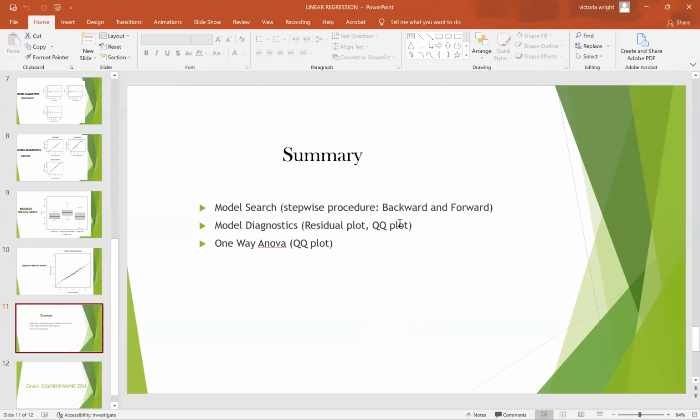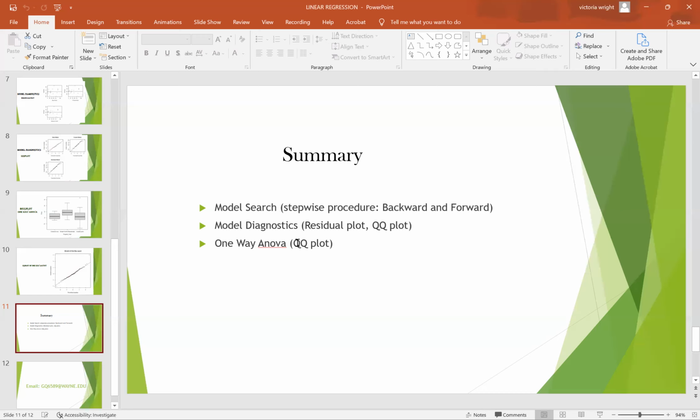And after that, I do the one-way ANOVA for my categorical variable, property type, to predict the price. And it is significant to predict the price with the categorical variable also.